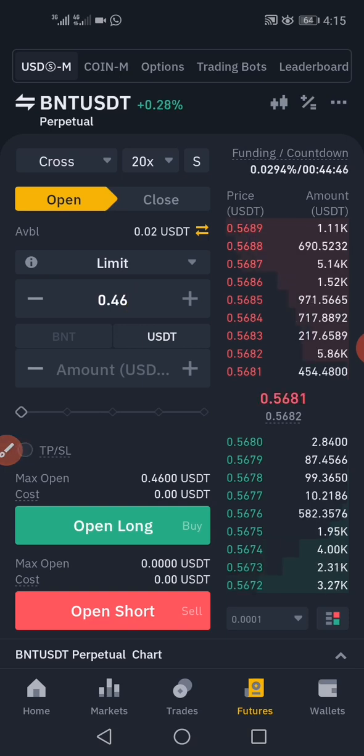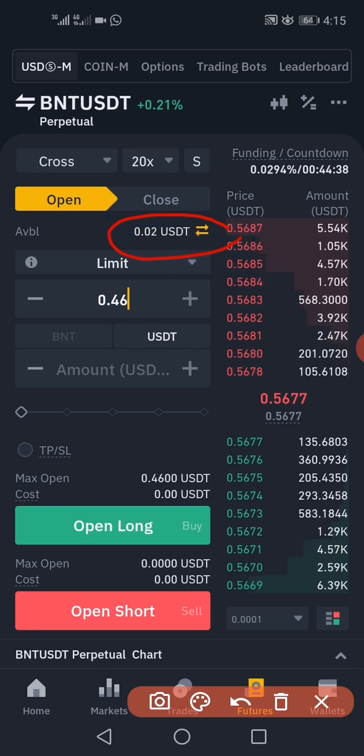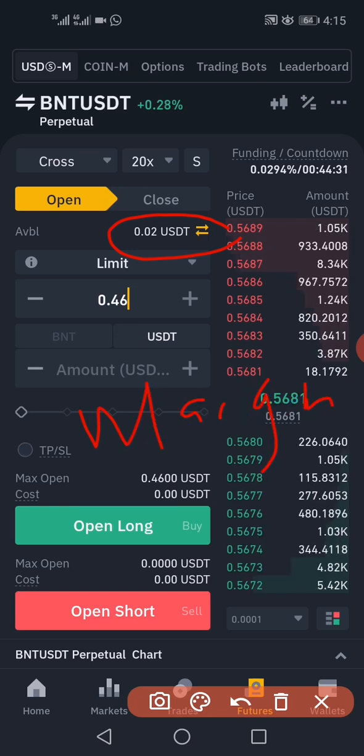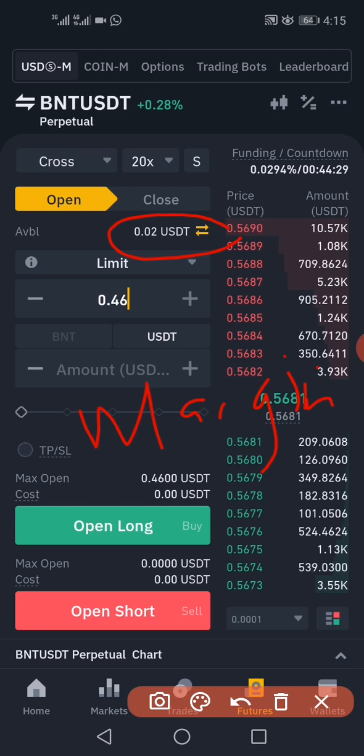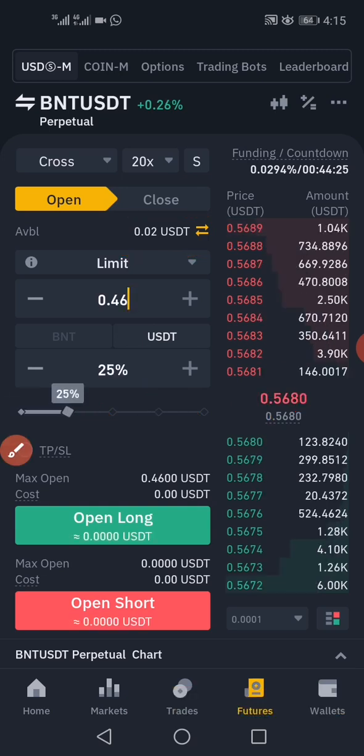So now the next thing is, how much in USDT am I going to use to buy? Let's say I have $20 here. That is my margin. We call it margin. How much am I going to use for this trade? Out of the $20, if I drag this thing here, that means I'm using 25% of my money.